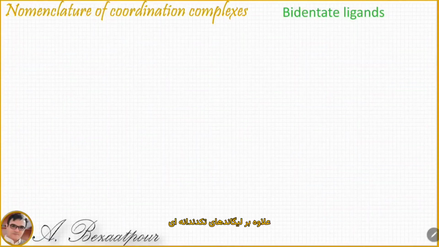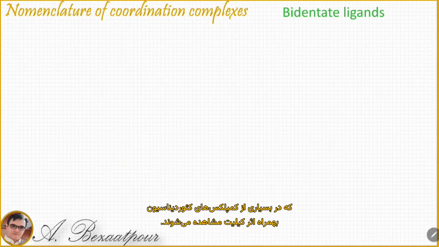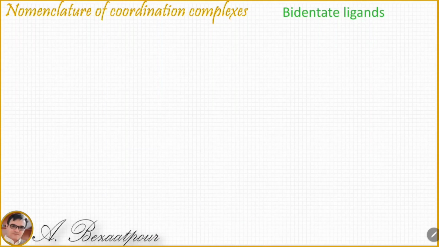In addition to monodentate ligands, there are many multidentate ligands that are observed in many coordination complexes with the chelate effect. In the following, I will introduce the most important bidentate ligands.